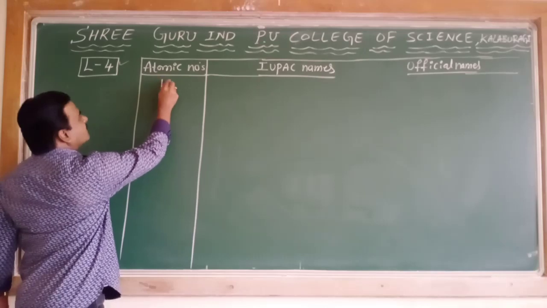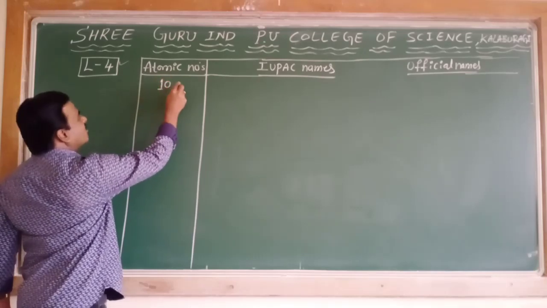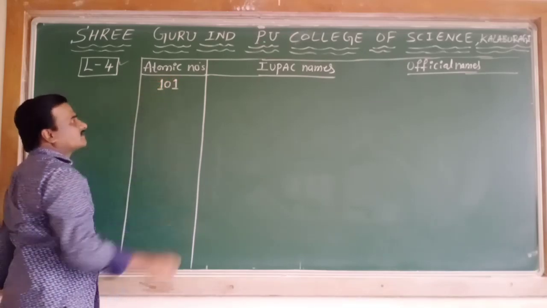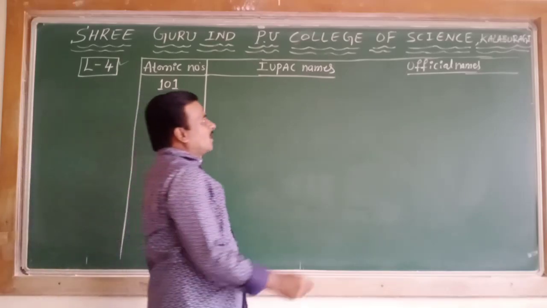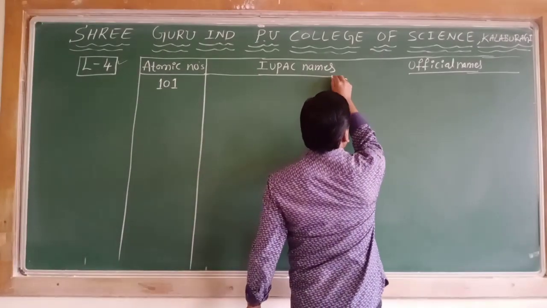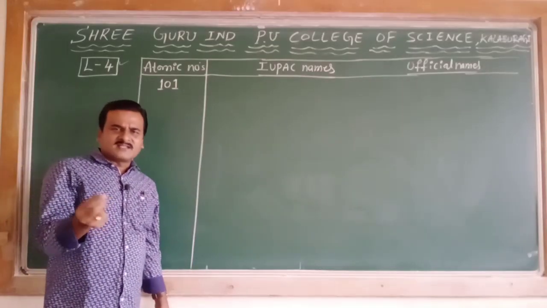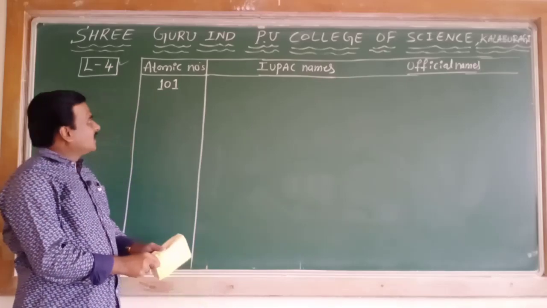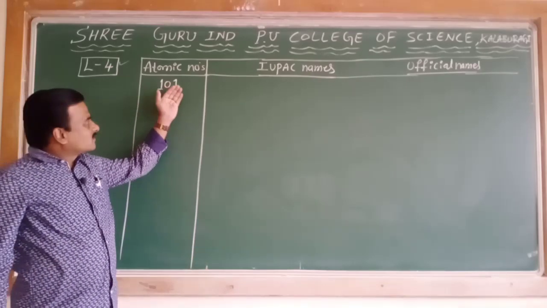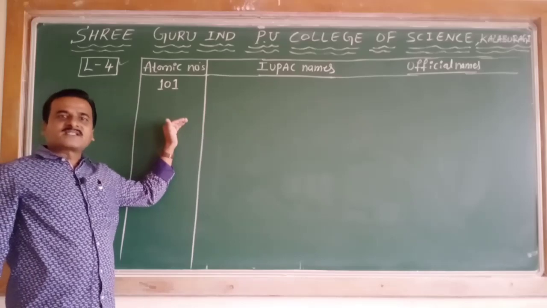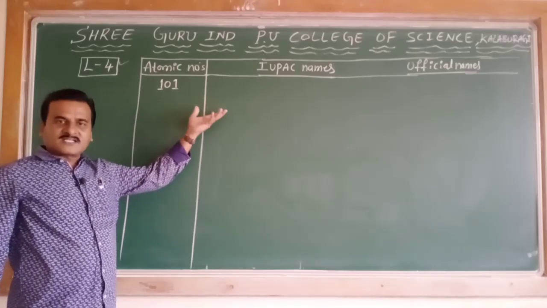Atomic number 101. How to write the IUPAC name? In the beginning you may feel slight difficulty, but I'm sure from the third onwards you yourself will say it far better and faster than me.